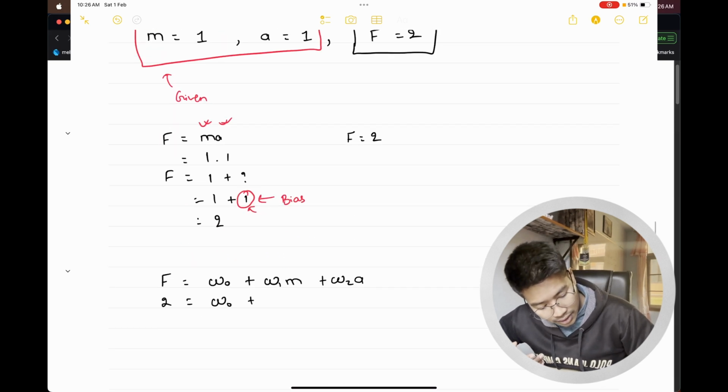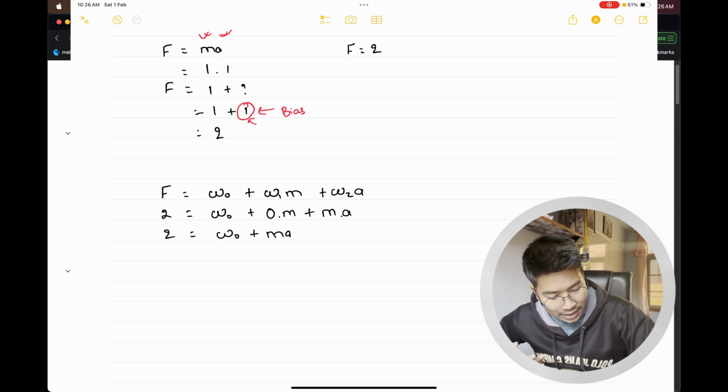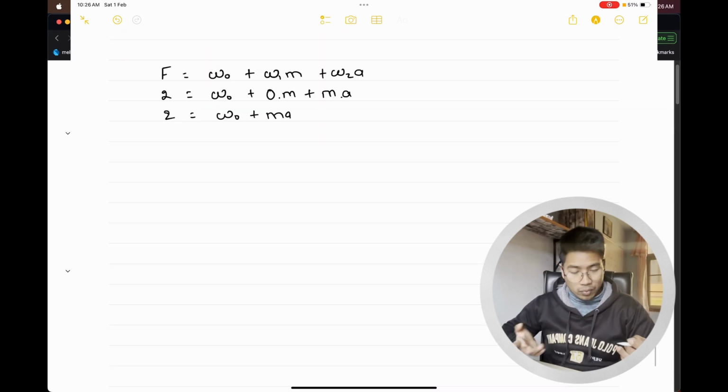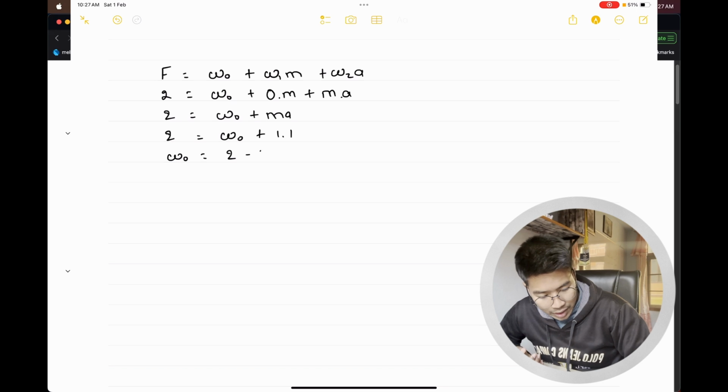So w1 is 0, and w2 is m a, you get ma. So 2 is equal to w0 plus ma. We know that m should be 1 and a should be 1. So what you basically get now is 2 is equal to w0 plus 1 times 1, and you get w0 is equal to 2 minus 1. So therefore w0 is 1.